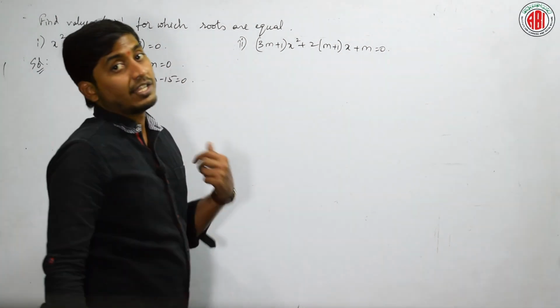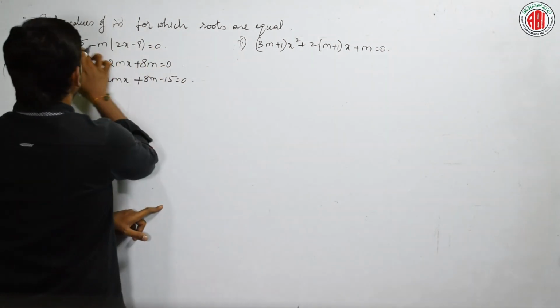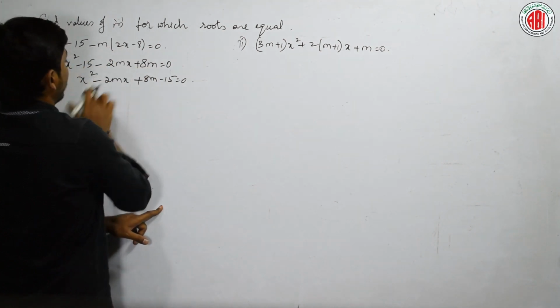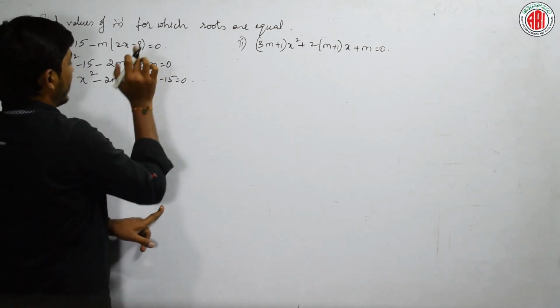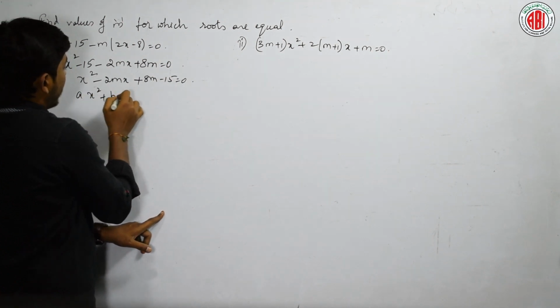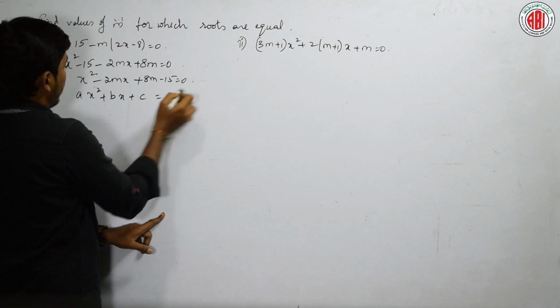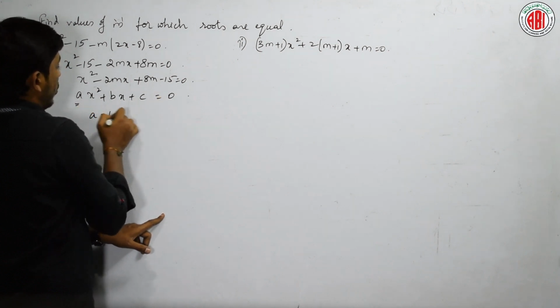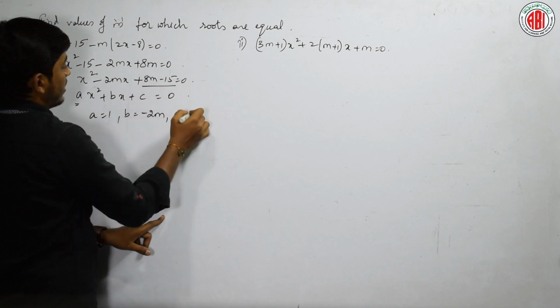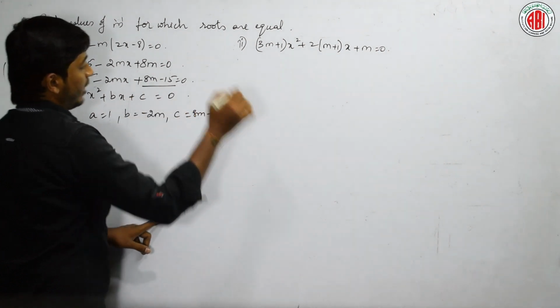Is it fine? Check again. If I compare it with ax square plus bx plus c equal to 0, what is a? 1. What is b? Minus 2m. What is c? The constant, 8m minus 15.